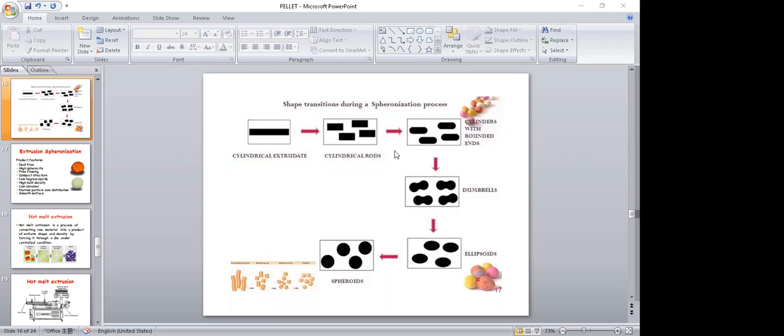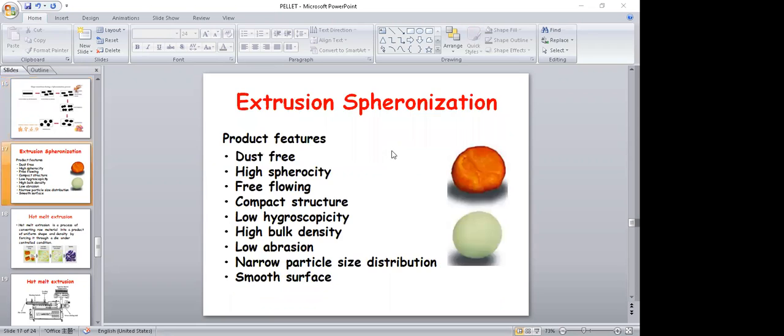Whatever pellets we get by extrusion and spheronization have their own properties. They are dust-free pellets with high sphericity, good spherical shape, free flowing, and good compact structure.